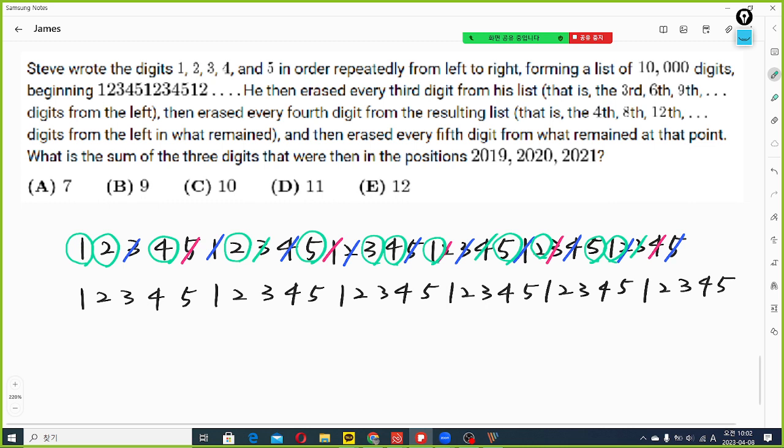And because these 12 numbers are repeating, we can divide, let's say, 2020 by 12, and we want to find the remainder.